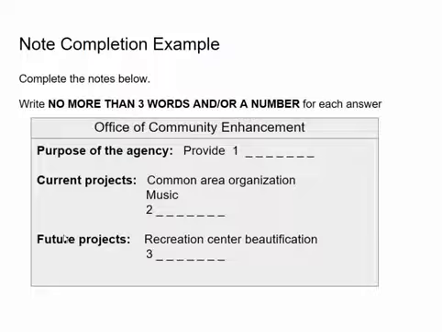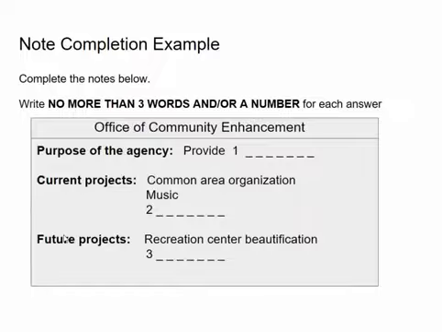As soon as this person starts talking about projects of some kind, projects that are happening now, maybe they're going to talk about projects that happened in the past and we just don't have any information in our notes related to that. But what we're looking for in question number 2 are the projects that this office is currently doing or currently working on, okay?